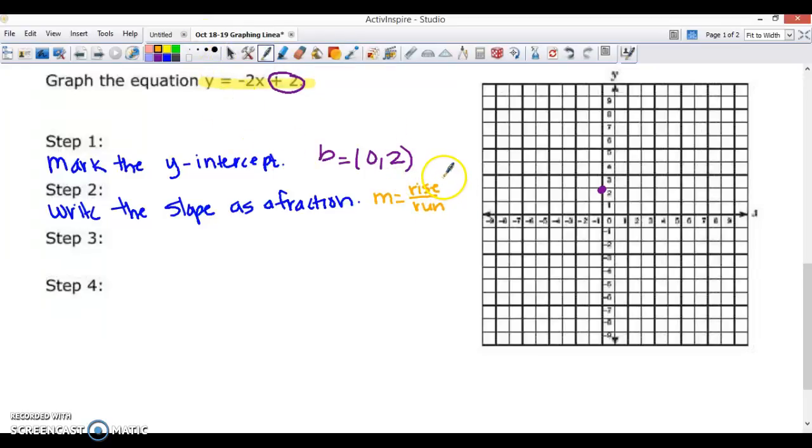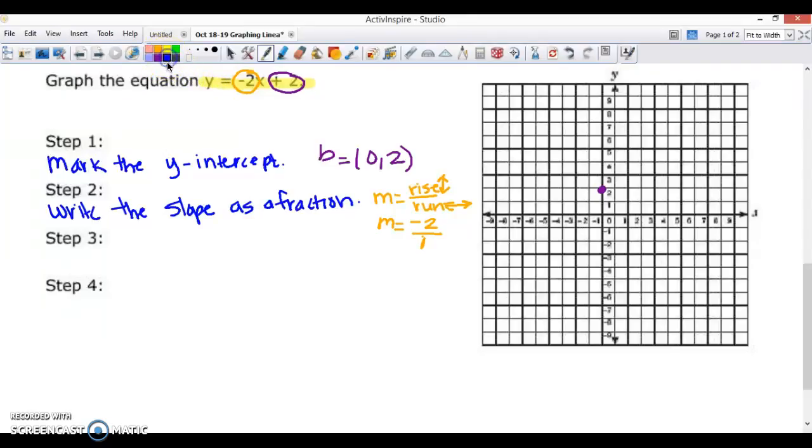And by the way, rise is no more than up and down motion, and run is no more than your left and right motion. So my slope is m equals negative 2. And since it's a whole number, I put it over 1. That means I'm going to go up or down 2, and I'm going to go over to the left or to the right 1.